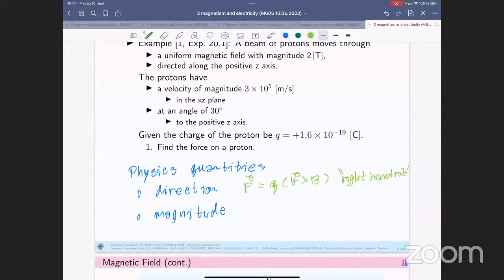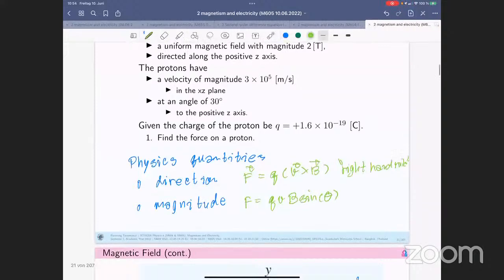And the magnitude could be found from F equals q v B sin theta. This is a scalar expression, the scalar version of this expression, right? Okay, this is the scalar function.